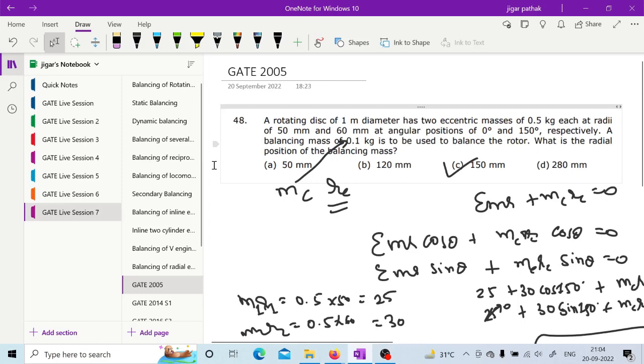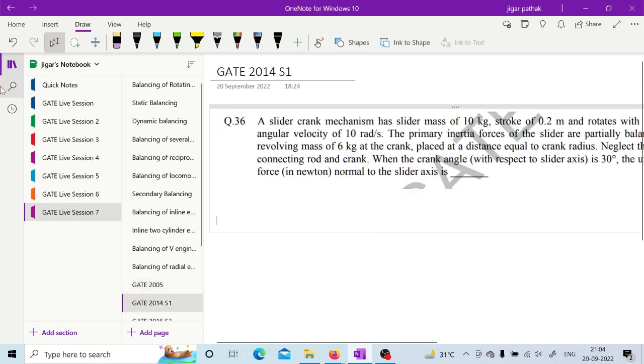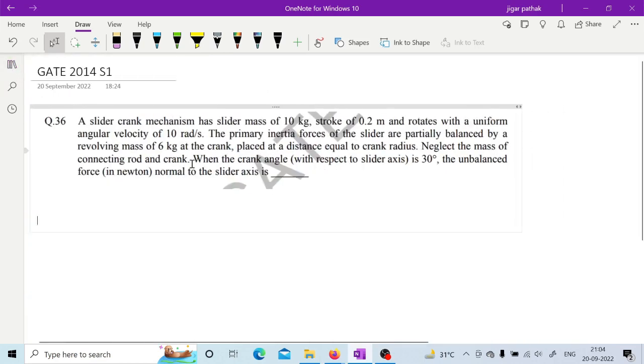Okay. Then if you go for the next one, then what is mentioned here is a slider crank mechanism with slider mass of 10 kg, stroke of 0.2 m, and rotates with a uniform angular velocity of 10 radian per second. The primary inertia force of the slider are partially balanced by the revolving mass of 6 kg at the crank, placed at a distance equal to crank radius.